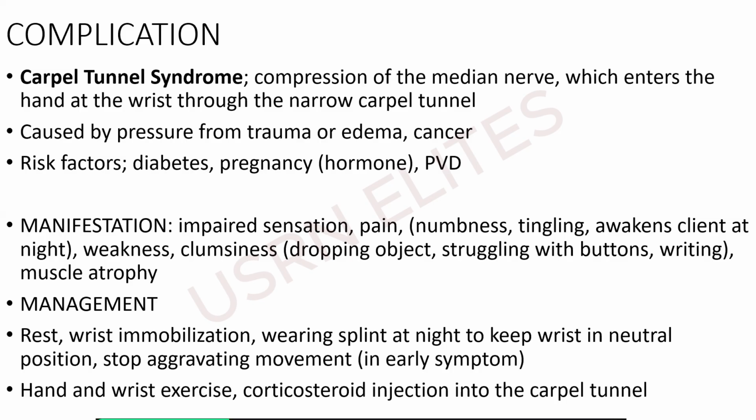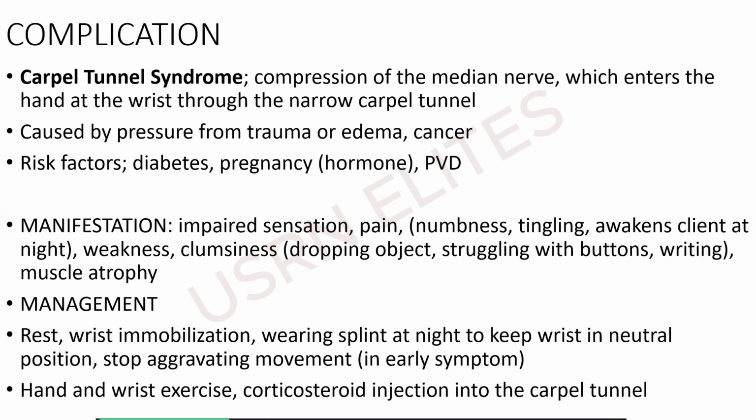Weakness on that hand, as you saw, radiculopathy. Clumsiness, the same thing happened in radiculopathy. Means you are holding some objects and it falls, because there's lack of sensation, weakness as well. Okay, struggling with button. You can't button your shirt.